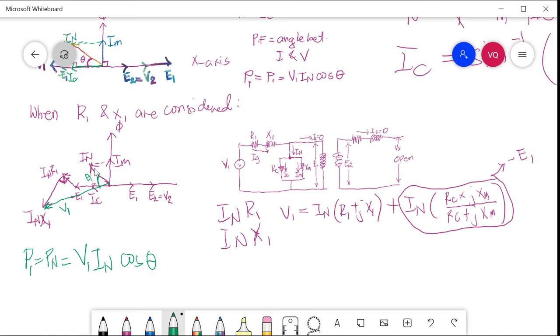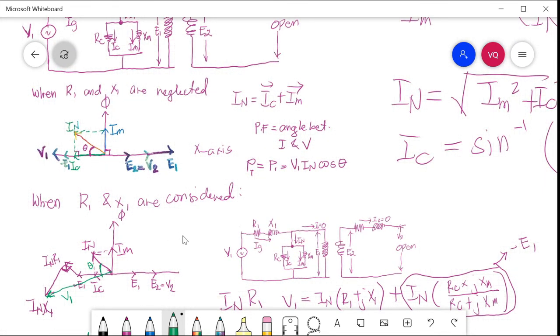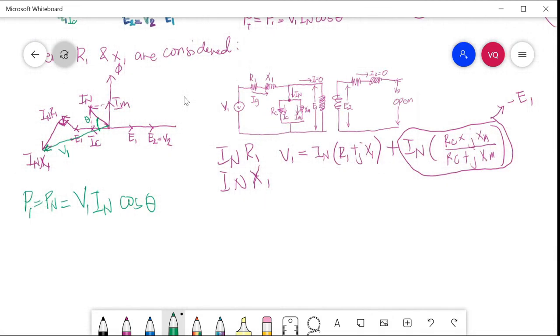Okay, so you can also solve again IN using the Pythagorean Theorem like what we did here. IN is equal to the square root of IM squared plus IC squared.